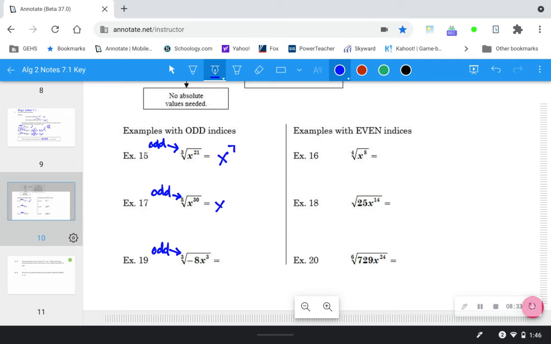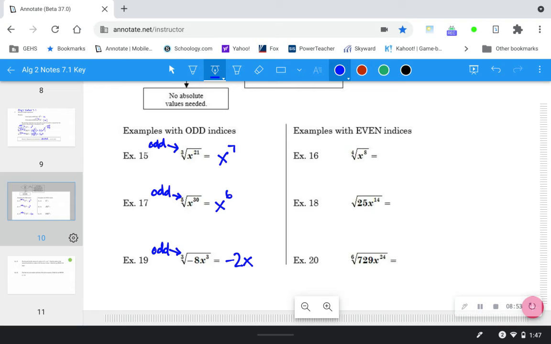The next one is going to be 6th power, and we got that by taking 30 divided by 5 to get the new exponent. And then the cube root of 8 is just 2. And if you take this power and divide it by that index, you get a 1. So it's going to be x to the 1st power, or just leave it as x.